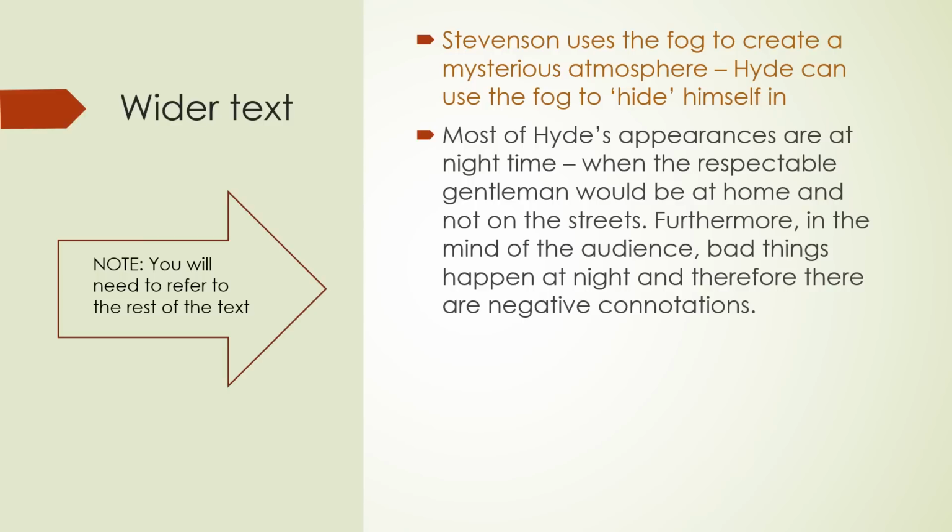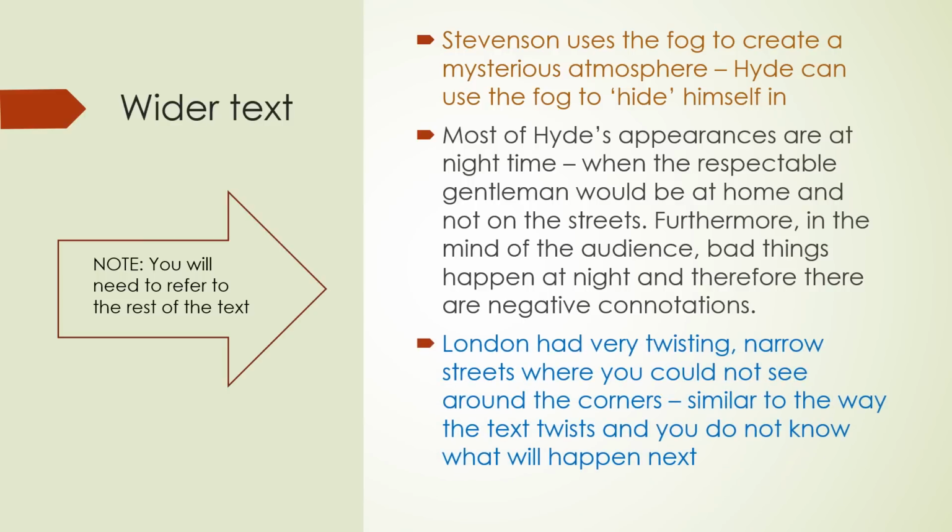Furthermore, in the mind of the audience, bad things happen at night and therefore are negative connotations. So London had very twisted, narrow streets where you couldn't see around the corner. Similar to the way the text twists and you don't know what will happen next. You will need to have a bank of quotes in order to help answer the work on the wider text.